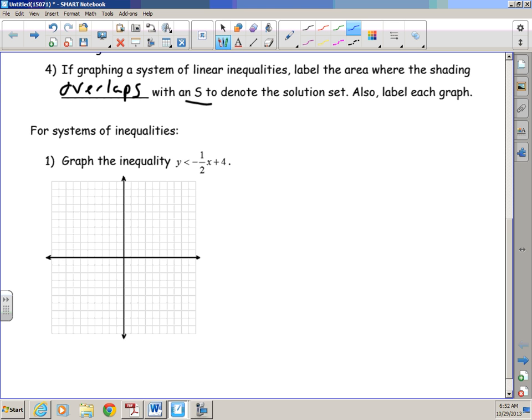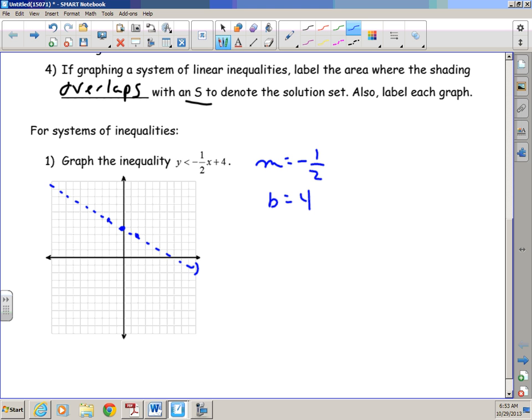So, my slope is -1/2. My y-intercept is 4. I graph 4. I'm going to use my slope going up 1 to the left 2. It's a negative slope, or down 1 to the right 2. Since it's just less than, it's a dotted line.